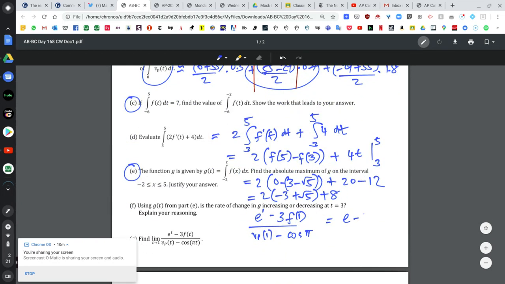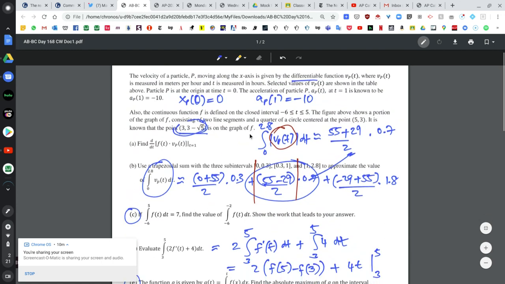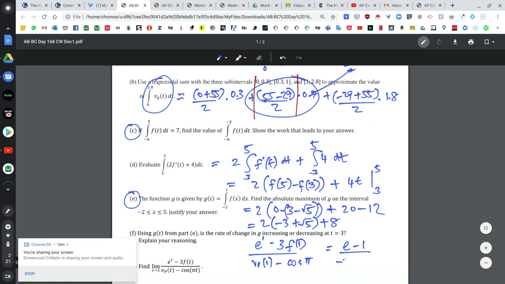Over vp of 1 is nothing but negative 29. And cos of pi is negative 1. So absolute final answer is e minus 1 over negative 30. Yeah. So you may be tempted to use L'Hopital's rule, but you really didn't need to. We did not get 0 over 0. So we're done.